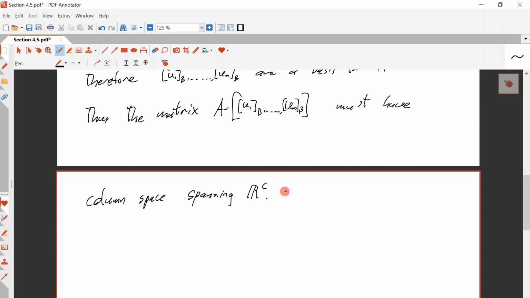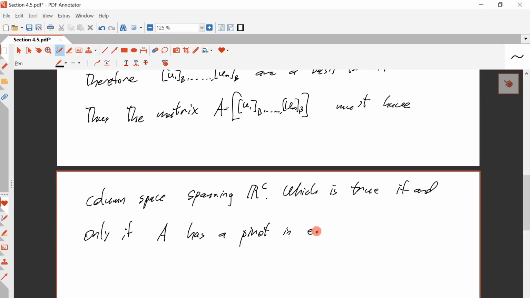But that's true if and only if A has a pivot in every row.